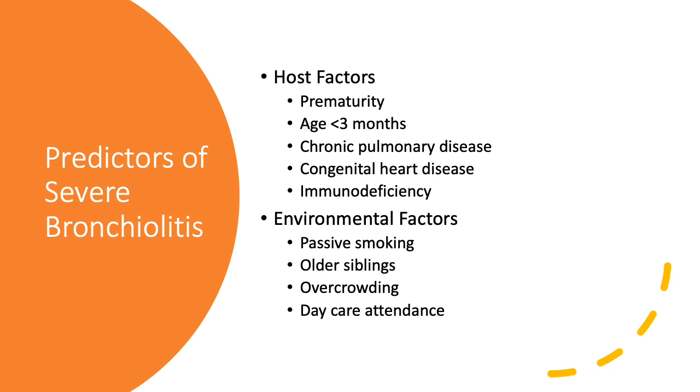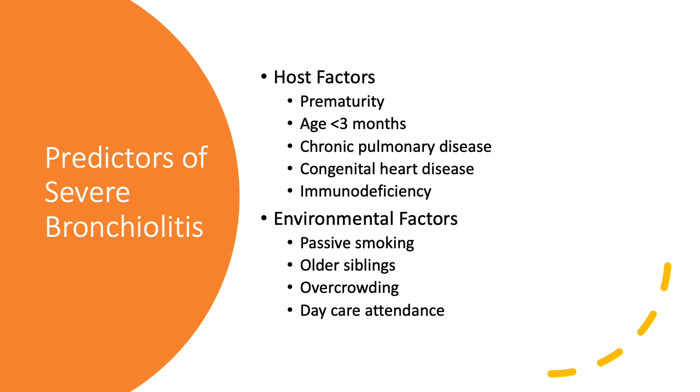So host factors which are predictors of severe bronchiolitis are prematurity, age less than 3 months, any chronic pulmonary disease like bronchopulmonary dysplasia, any hemodynamically significant congenital heart disease, and any immunodeficiency state.